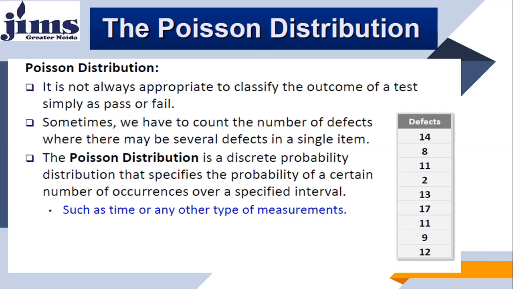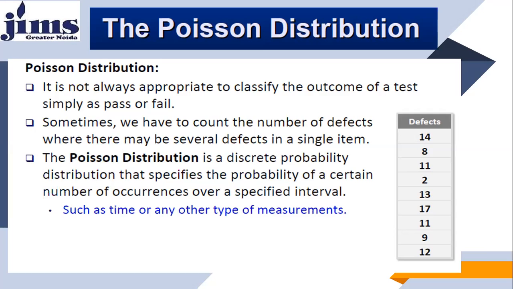It is very difficult to calculate the factorial n when n is very, very large. How do you calculate the factorial 1000? It is possible: 1000 into 999 into 998 into 997 and so on up to 1. But it is very difficult. Then the Poisson distribution comes into the picture.